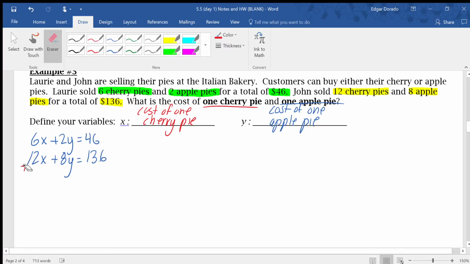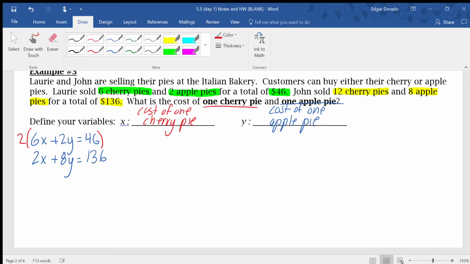But more specifically, I want to multiply by a negative 2, because I want to turn that 6 into the opposite of a positive 12, which would be a negative 12. So let's distribute that out and see what we get. I'm going to do that here on the side. That would be a negative 12x minus 4y equals a negative 92.